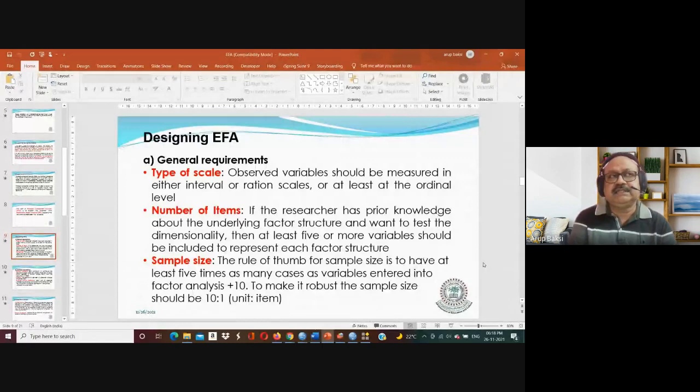If the researcher has a priori knowledge about the underlying factor structure and wants to test the dimensionality, then at least 5 or more variables should be included to represent each factor.